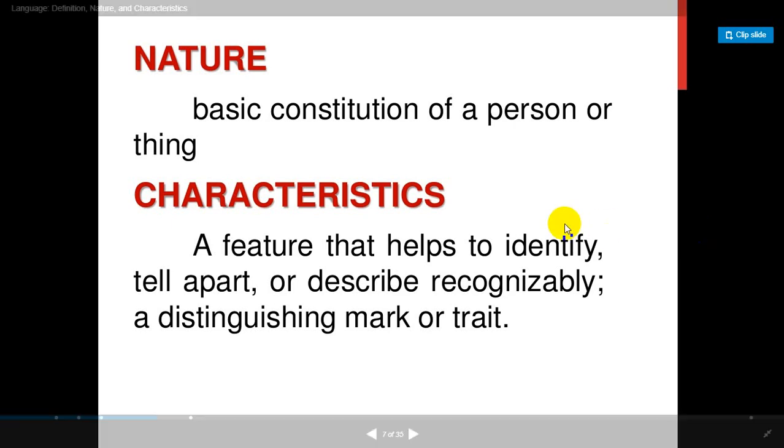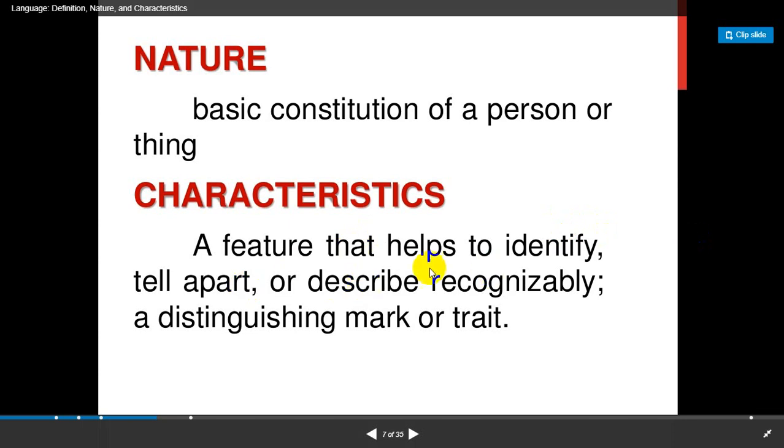Okay, and characteristic, a feature that helps to identify, tell apart, or describe recognizably a distinguishing mark or trait. Okay, so characteristic means a feature that helps to identify which one is which one.